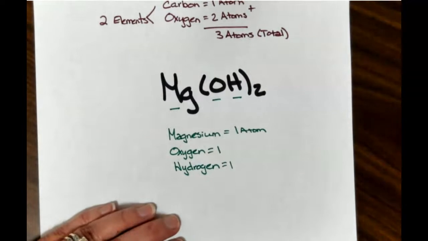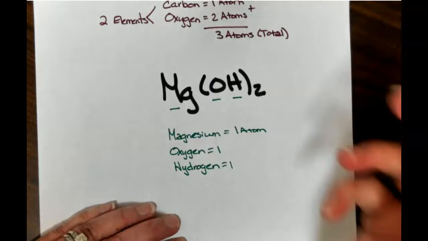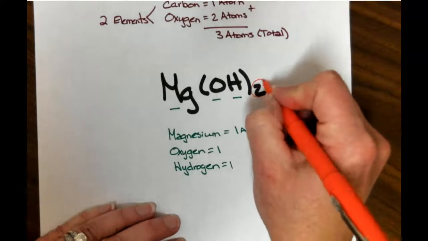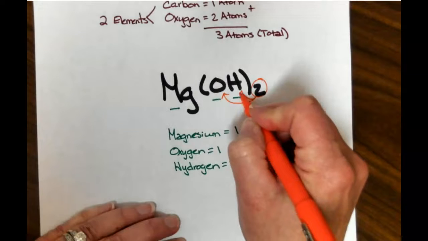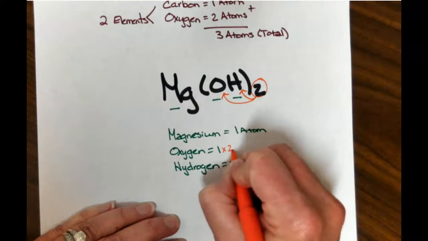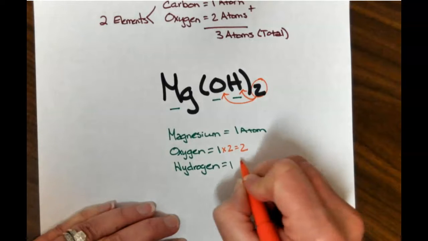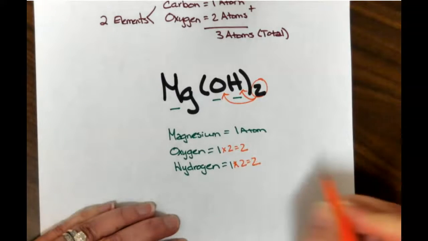Now, we need to do something just like we would do in math class. If you recall something in math called the distributive property. So we need to distribute the 2 that's outside the parentheses to everything inside the parentheses. So now I need to multiply anything that's inside the parentheses times the subscript outside the parentheses.